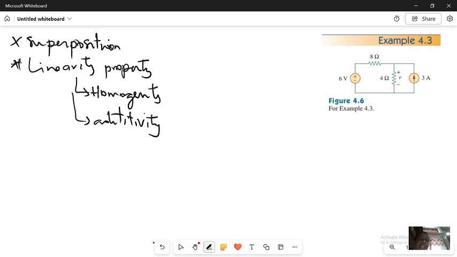Homogeneity says that if we have an input V, it gives us output Ri, as in Ohm's law.